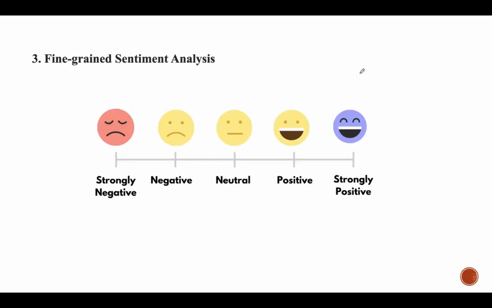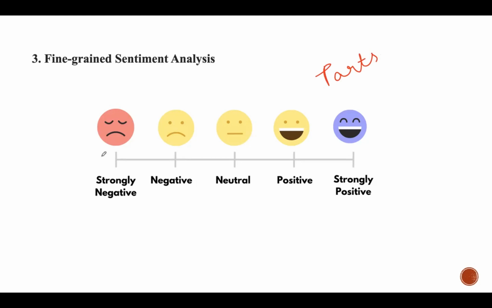And third one is fine-grained sentiment analysis. This sentiment analysis mainly helps in the development of polarity precision. It breaks down the sentiments into various parts, and then it extracts the sentiment from those individual parts.